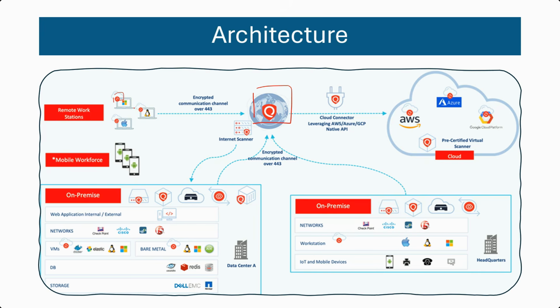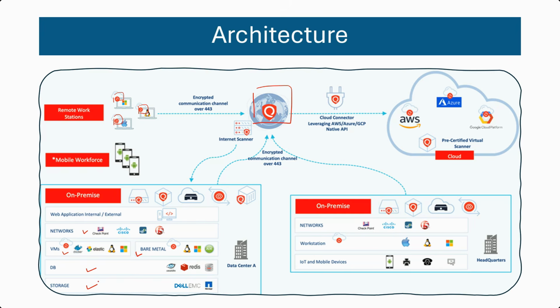Okay, you have to install the Qualys agent on a Windows laptop, maybe Linux machine, Apple devices as well. And you can also scan your on-premises infrastructure, like maybe your network devices, your routers, switches, firewalls. You can also scan your virtual machines, Docker instances, VMware, and everything. You can also scan your bare metal servers or databases or storage devices as well.